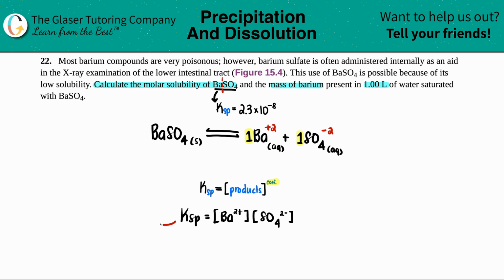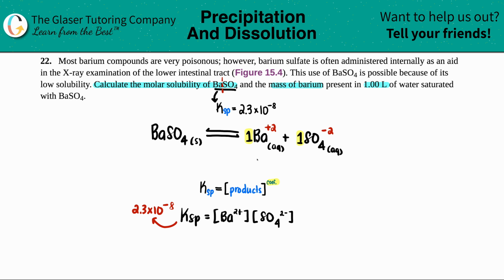Now let's start plugging things in. The Ksp value is the one that we found in the back of the textbook, 2.3 times 10 to the -8th, but I don't have values for the barium or the sulfate. So that's when I go back to the equation and I just plug it in as variables. So we say basically that I don't know what the barium concentration is.